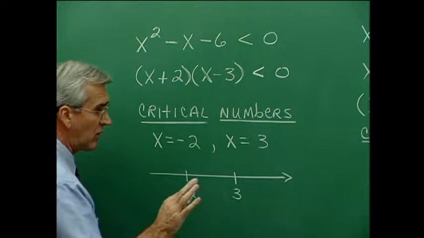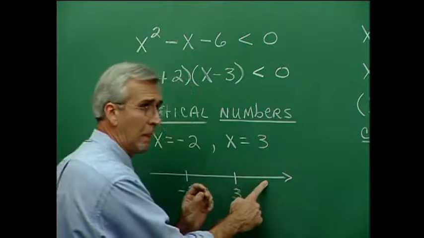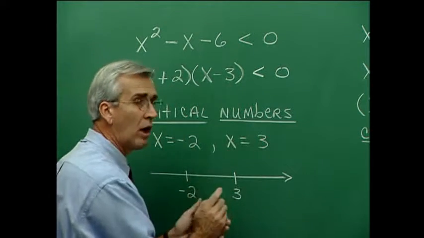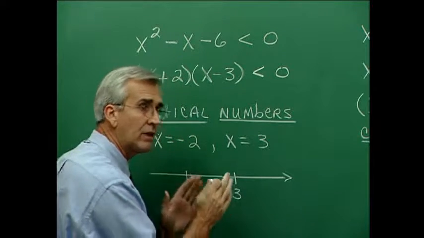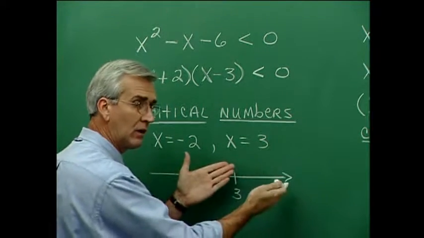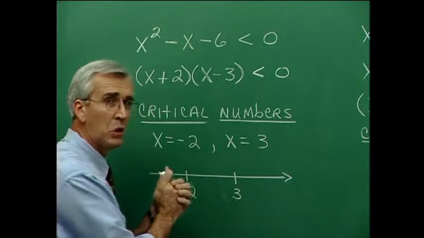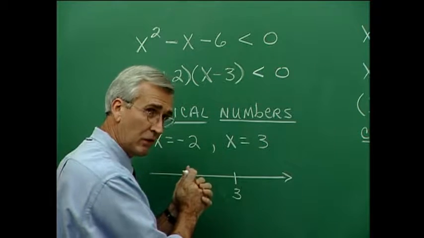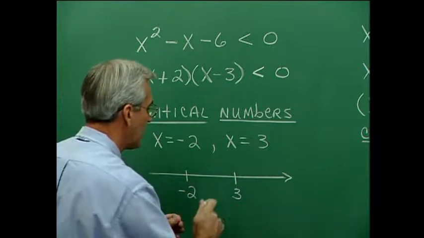Now, it turns out that if a single value within an interval makes the original inequality true, then every value in the interval will make the original inequality true. And if a value in an interval makes the original inequality false, then every value in the interval will make the inequality false. So all we need to do is check for one value. Let's check out here.